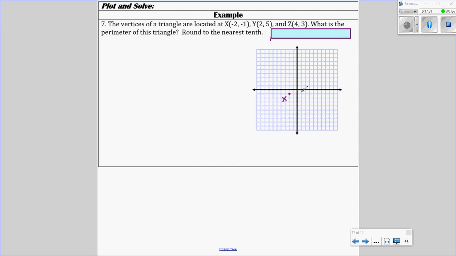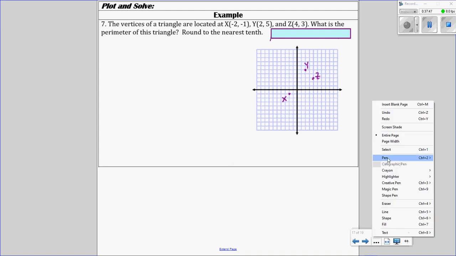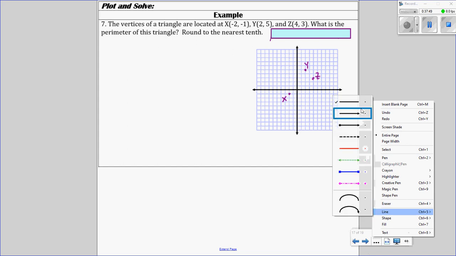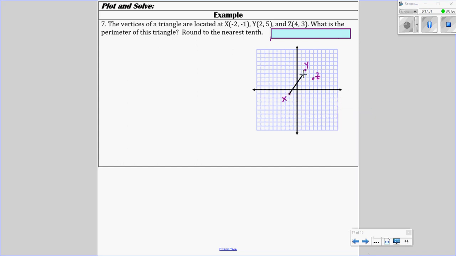I'm going to label it so I don't get confused. And then I got y, which is 2, 5. And then I got z, which is 3, 4. Z. I'm going to connect them. Line. So I got that. Got this. And I got that.